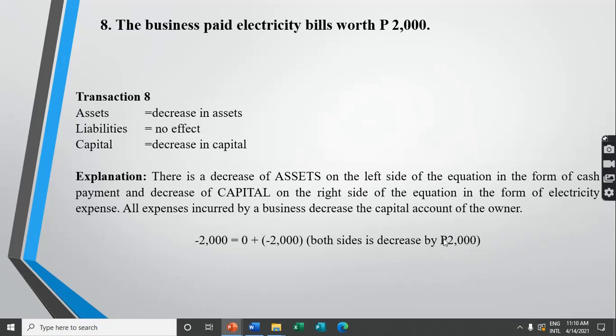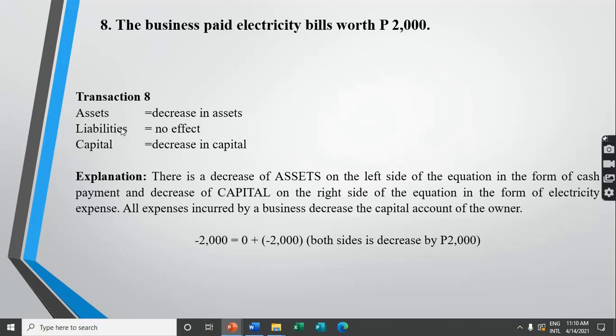Number 8. The business paid electricity bills worth 2,000. So, nagbayad si business ng electricity bill worth 2,000. So, nabawasan na naman yung cash mo dun sa asset mo, nabawasan din yung capital mo kasi that is considered your expenses. Okay?